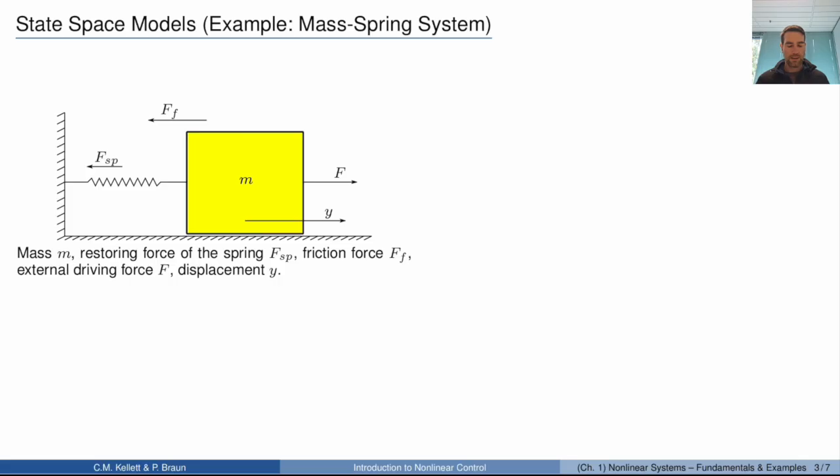The mass is connected to a spring. There might be friction forces, and there might be external forces we can apply to the system.